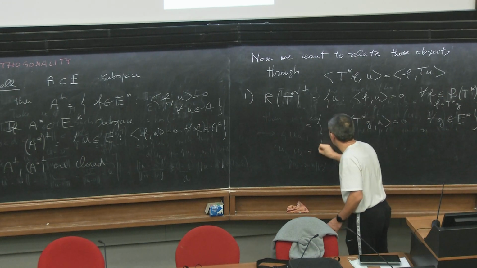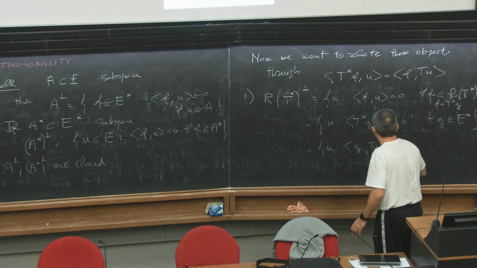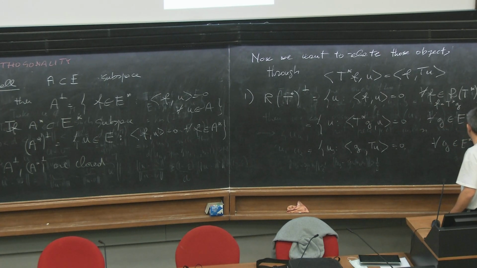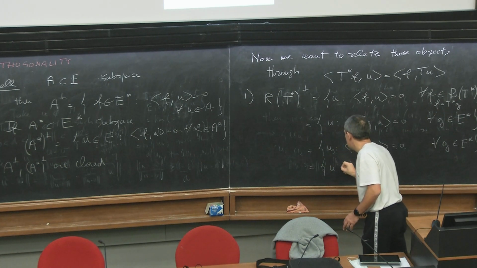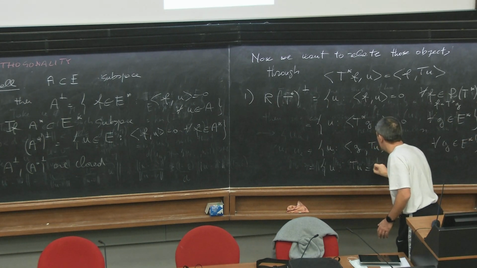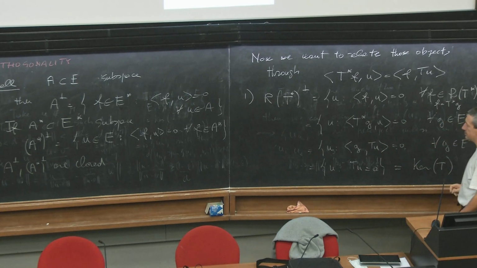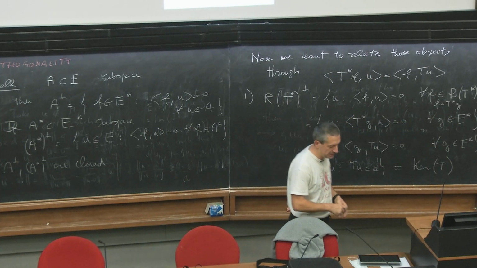So this is equal to the U such that G TU is equal to 0 for all G. Since it is equal for all G and we are in the dual, TU equals 0, and then we discover that this is the kernel of T. So first relation: the range of T star orthogonal is the kernel of T.